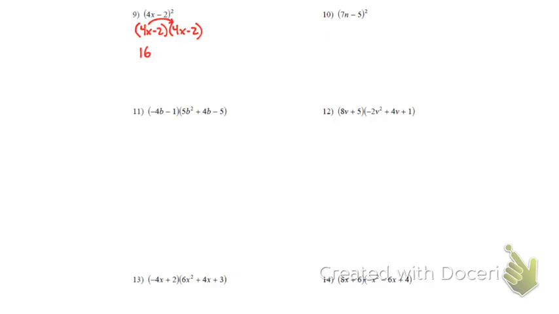What I mean by that is this x, even though it doesn't show, there's really a small power of 1 here. It's an invisible 1, and this has a power of 1. So when we multiply, and multiply only, you're going to add these exponents together for the variable. So what we really have is x^1 times x^1, that's really x^2.